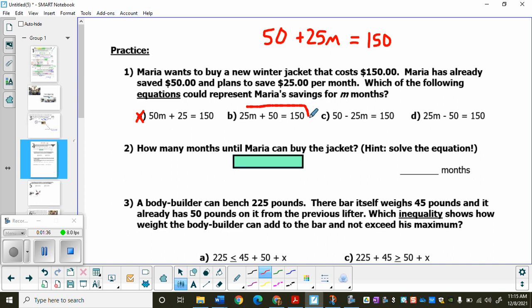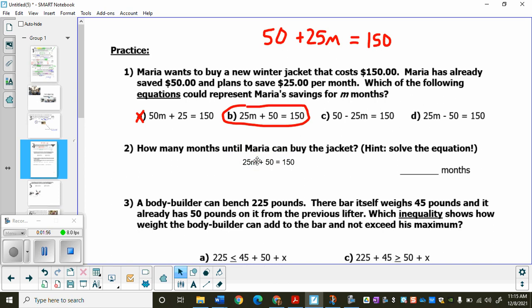So this is actually already the equation. Notice the other choices deal with subtraction, and that's not setting anything up. She's saving money, so we want to be adding things together. It's adding to the 50 she's already saved. So we have selected B.